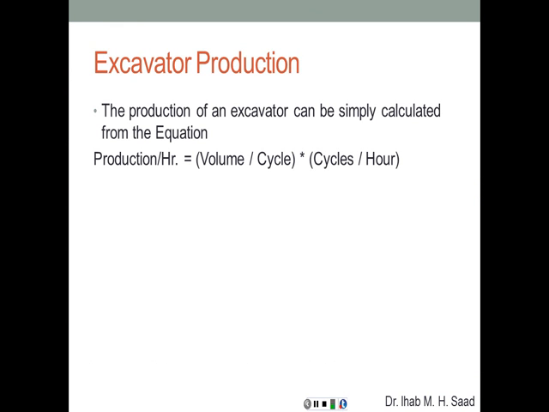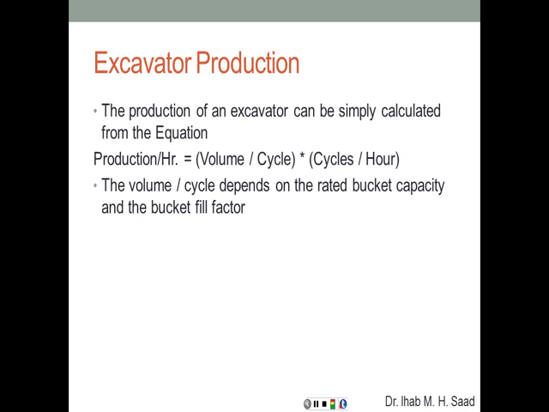The cycle is going to include excavating, turning, dumping, turning back, and getting ready for another cycle of excavation. This is called a cycle. So it's going to take a few seconds. So how many cycles can we achieve per hour? The volume per cycle times the cycles per hour is going to give us the production rate per hour.